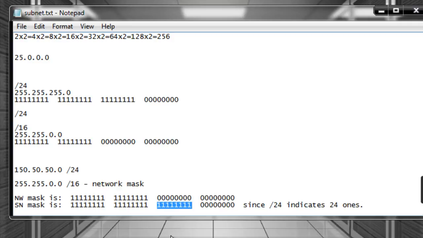Those are the subnet bits. When you see 255, it's a gimme. It's easy for you to figure it out in binary. You know that that octet is all ones.